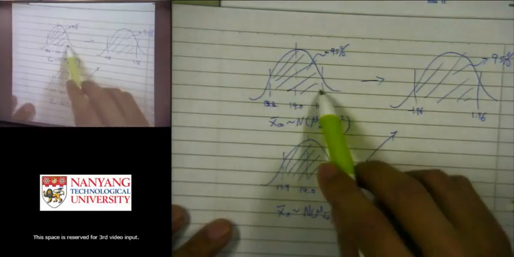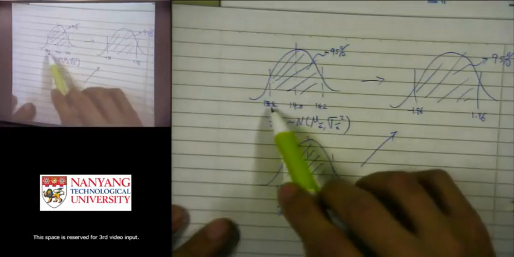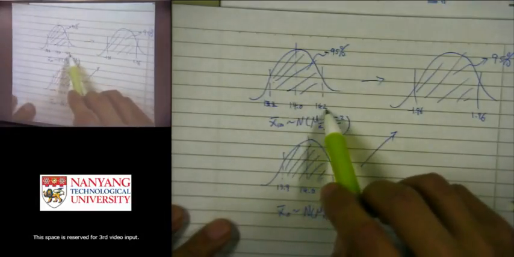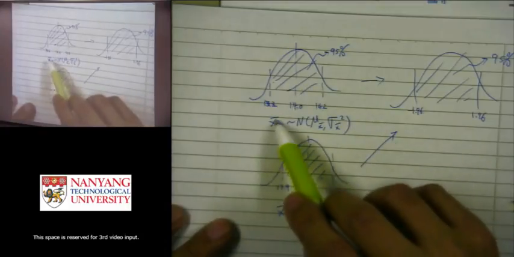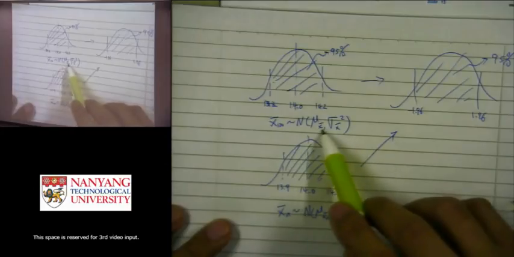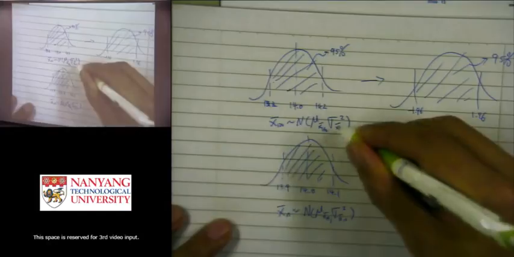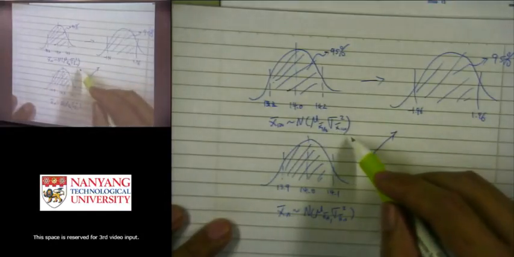This is the original one, and we know the area is about 90% from 13.8 to 14.2, right? So for this random variable X bar 100, we know it satisfies a normal distribution with mu X bar 100 and sigma X bar 100.